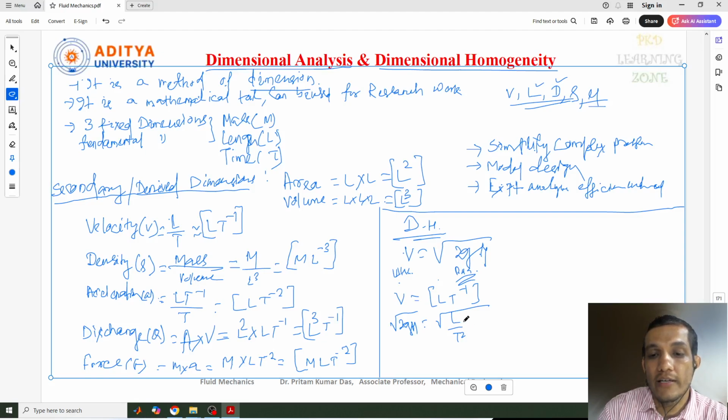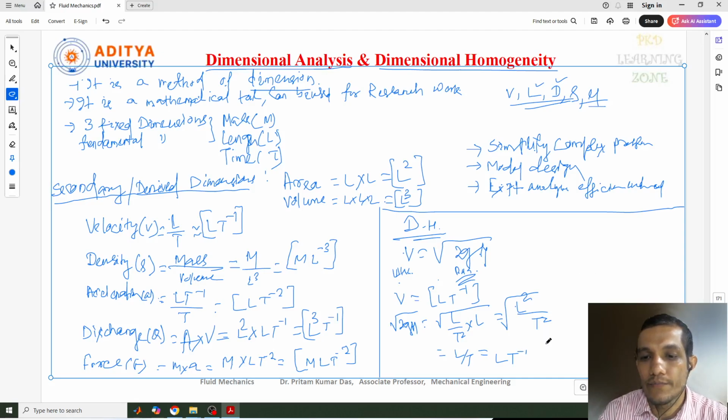H is head, that is nothing but the distance, so that is also L. If you multiply these, we get L square by T square under the root. If you do the root, what will we get? We get L by T, that is L T to the power minus 1.